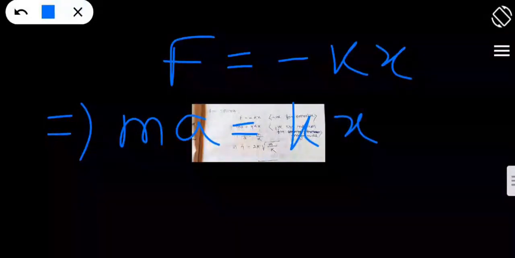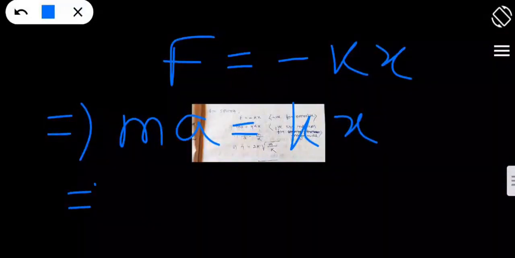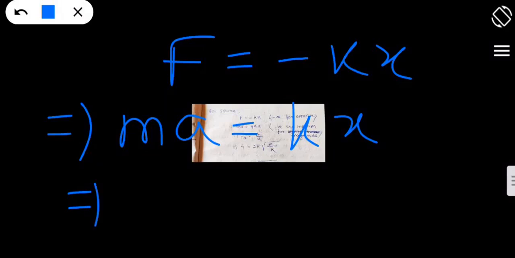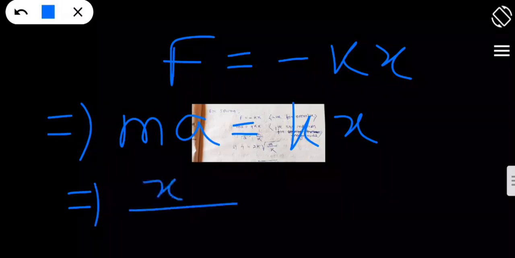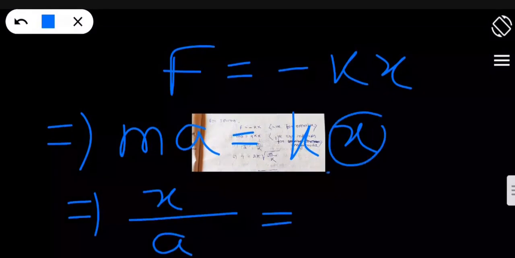Here I will just find displacement upon acceleration. Displacement is x, acceleration is a, so this will be x upon a. This a will go here, then this k will go here, m by k. So x upon a is equal to m divided by k. X by a equal to m by k.